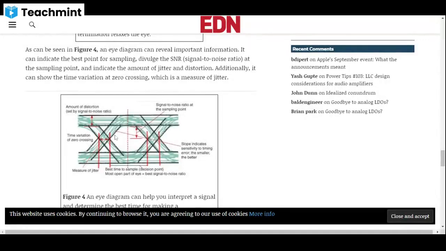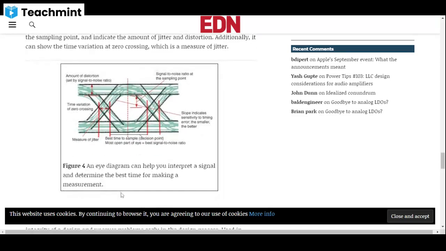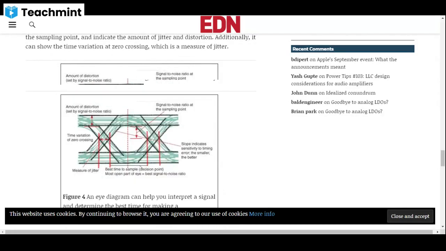This eye diagram can help you interpret a signal and determine the best time for making a measurement.